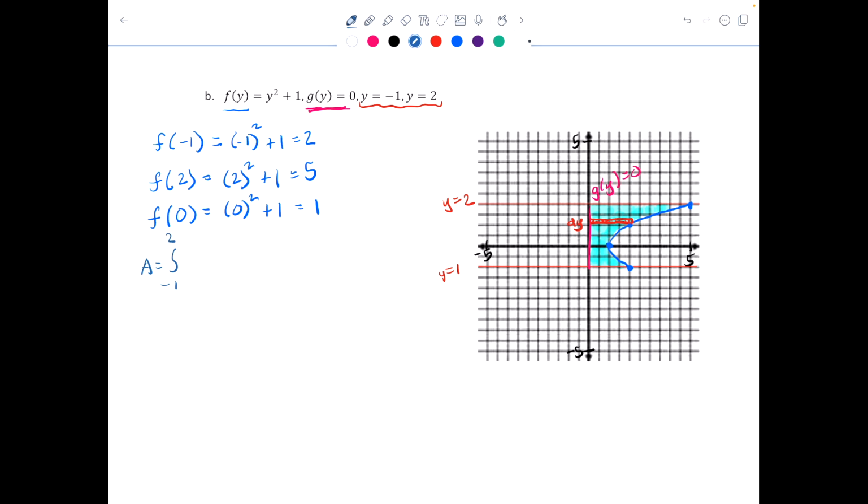Our rightmost graph is the blue one, which is y squared plus 1. And then our leftmost graph is, again, 0. It doesn't always work out like that. And be careful, this time it's with respect to y, because we're dealing with functions of y. So simplifying, we have the area will be the integral from -1 to 2 of y squared plus 1 dy.